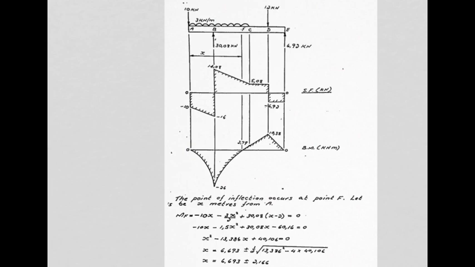Let's look where that comes from. 30.08 is the value for L times the distance from where it acts to where our hand is, which would be x minus those 2 meters there. And we can make it equal to 0 because we know at the point of inflection we're past the 0 line, so the bending moment is 0.